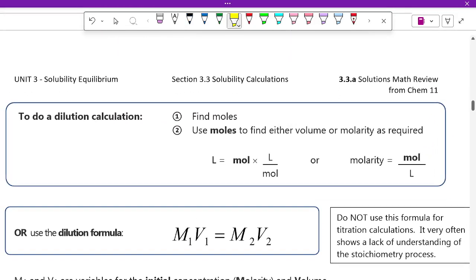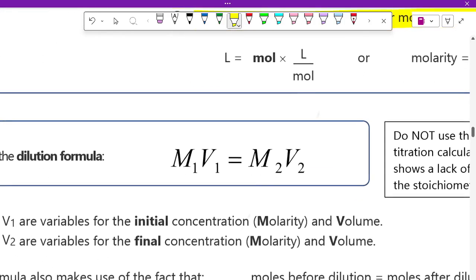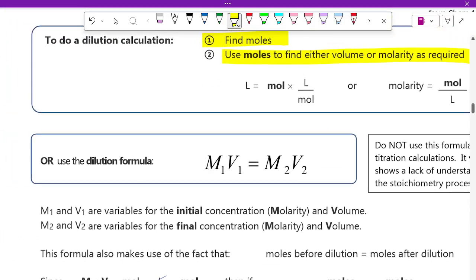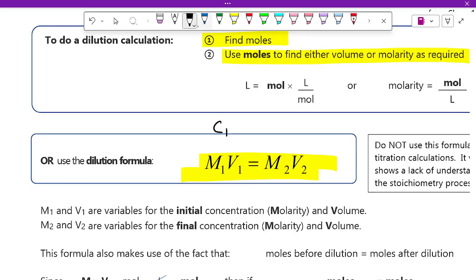So the first simple way is just to remember, always find the moles and then use the moles to find either volume or molarity as required. Or does this formula look familiar to anyone? M1V1 equals M2V2? You might have seen it as C1V1 equals C2V2.